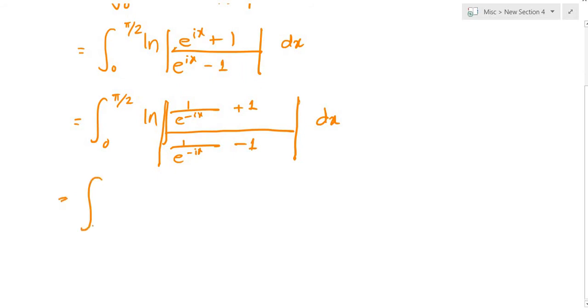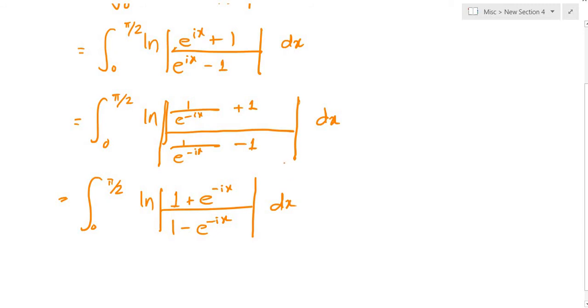And we can do our good old fashioned cross multiplication now. So we have the natural log of 1 plus e raised to negative ix divided by 1 minus e raised to negative ix, and the denominators of both the things are constant, so those get cancelled out in the ratio, dx.